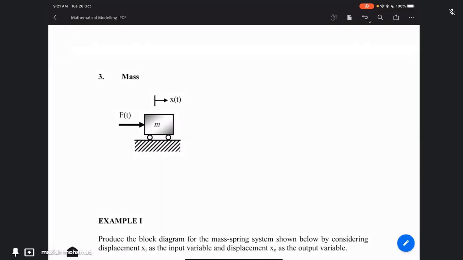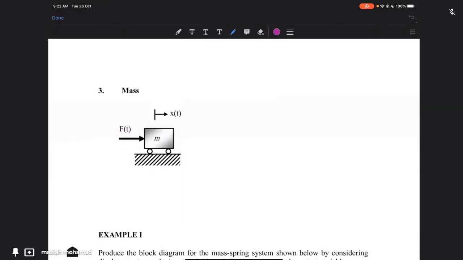All right, the last one is the mass system. The equation for the mass system is normally written F equal to MA: mass multiplied by acceleration gives you force.